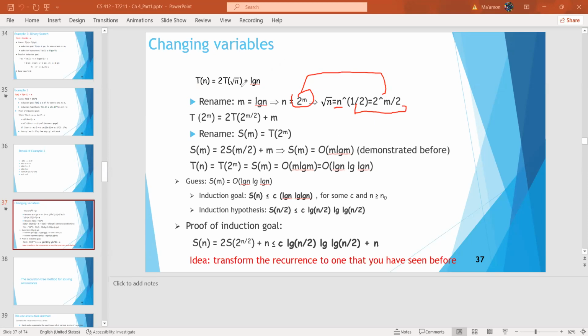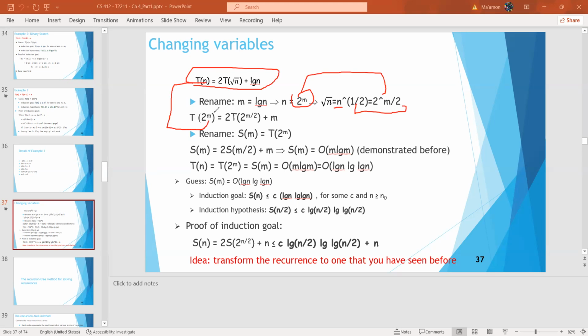Also we have replaced n by 2 to the power m, because we assumed that m equals log n, so n equals 2 to the power m. So instead of n here, we have replaced it by 2 to the power m.